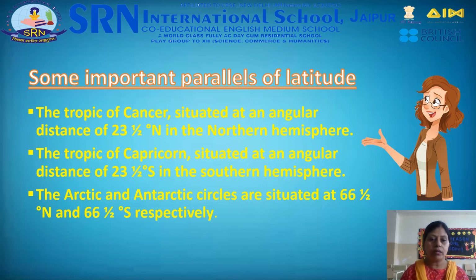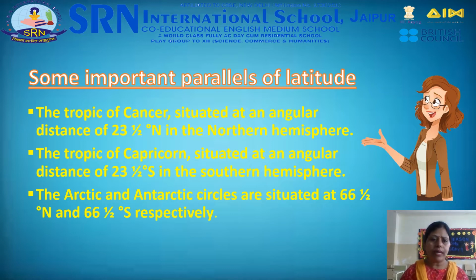Besides the equator, other important parallels of latitude are the Tropic of Cancer, situated at an angular distance of 23.5 degree north in the northern hemisphere, and the Tropic of Capricorn, situated at an angular distance of 23.5 degree south in the southern hemisphere.